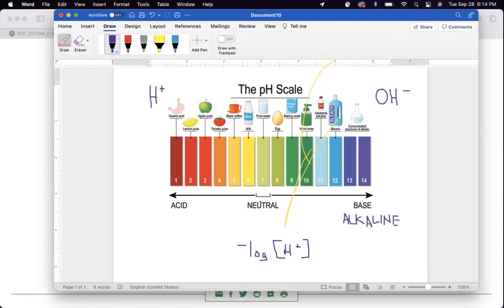Now, when you look in the middle, if I add H plus and OH minus together, I get H2O. And H2O in chemistry is water. And coincidentally, we are made up of two-thirds water. So this is the scale of what we have inside our bodies.